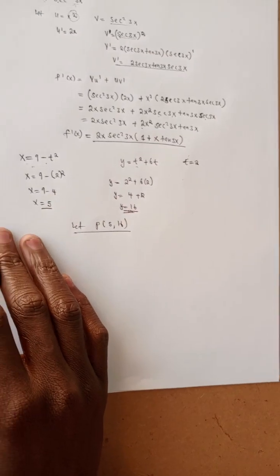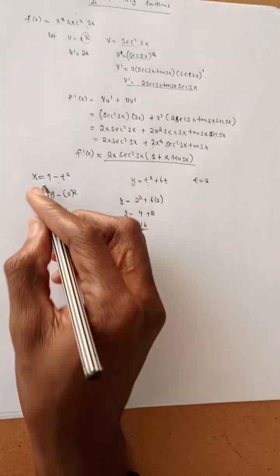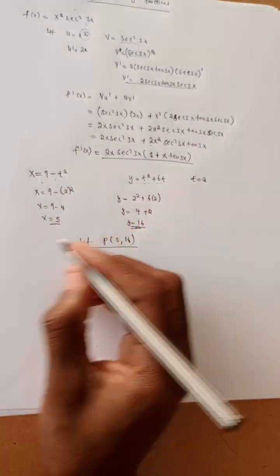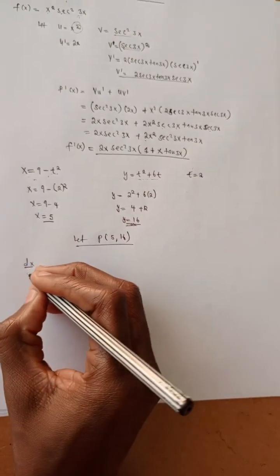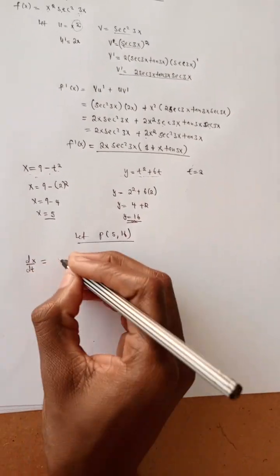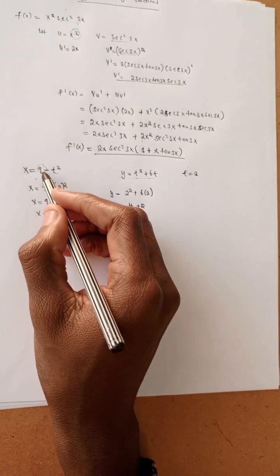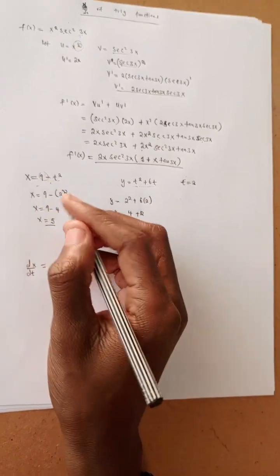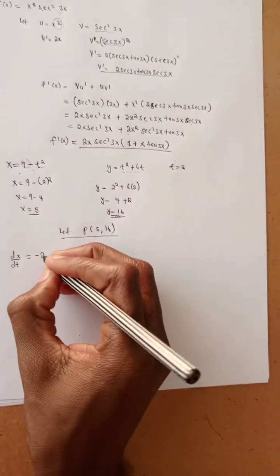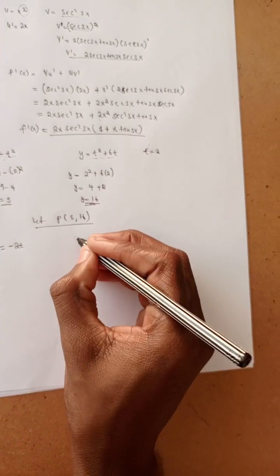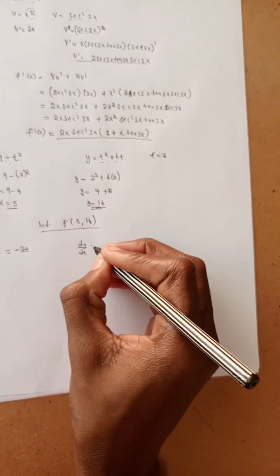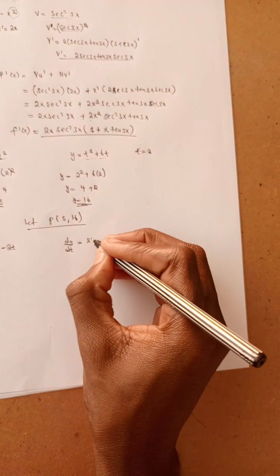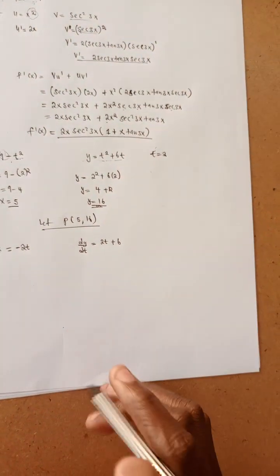And then from here we can differentiate this and this independently, where we say dx/dt, the derivative when constant is 0, and then we simply have negative 2t. Hope you know how to get that, hopefully. And then there we have 2 plus 6.